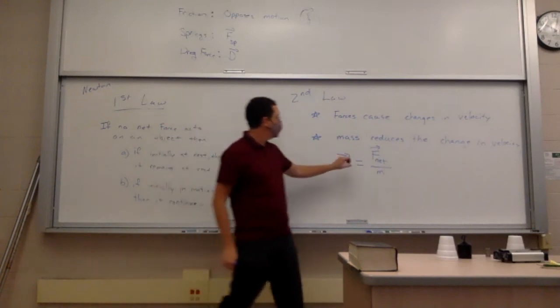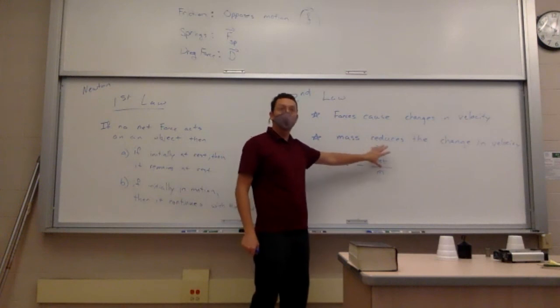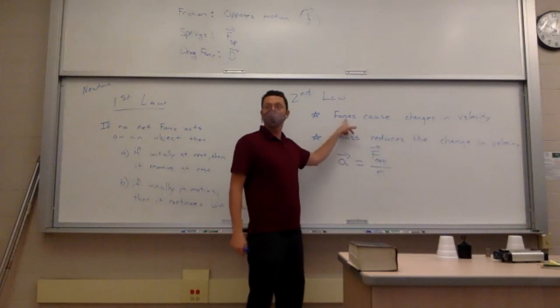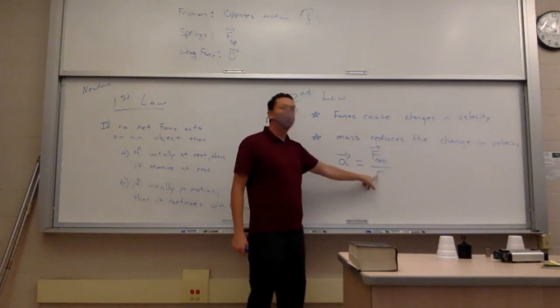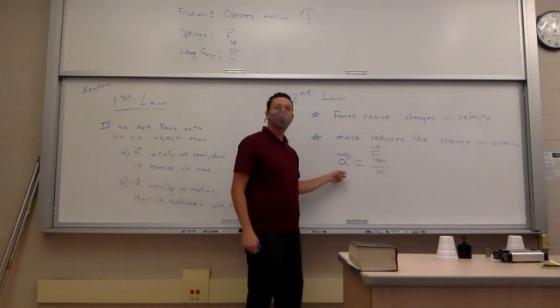Just think about that. At least if you just have one force at a time. If you make the numerator bigger, you get a bigger acceleration, so you get a bigger change. That matches the first point. If you increase the mass, the fraction gets smaller, and the change is smaller.